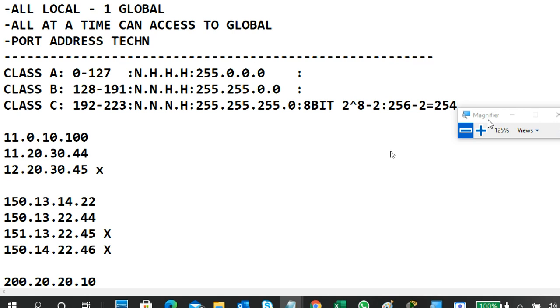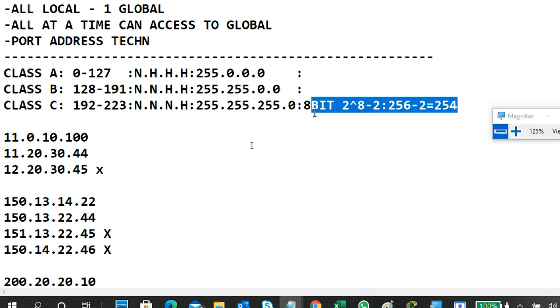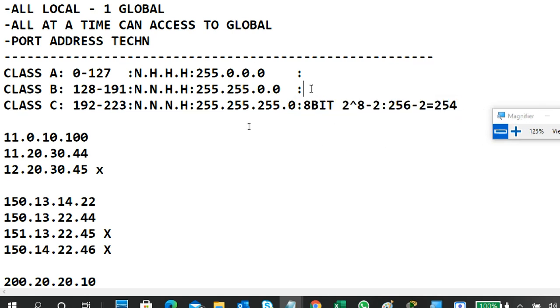Next, in class B I have two host portions, which means 8 bit plus 8 bit, so a total of 16-bit host portion. 2 to the power of 16 minus 2.